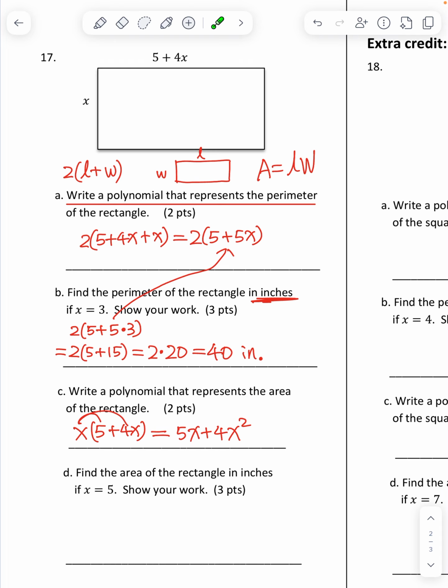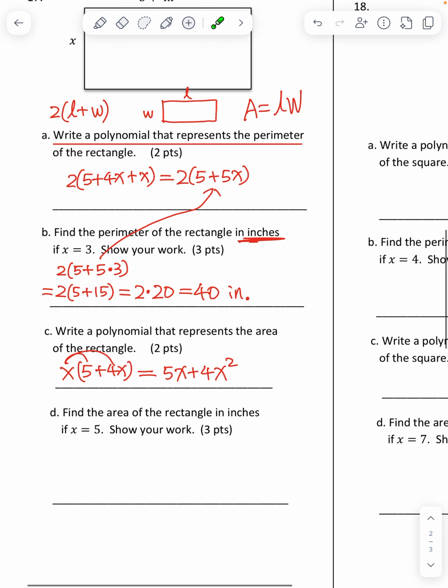Okay, D. Find the area of the rectangle in square inches. I think there's one word missing. This is square inches, if x equals 5. So we just copy this, replace x by 5.